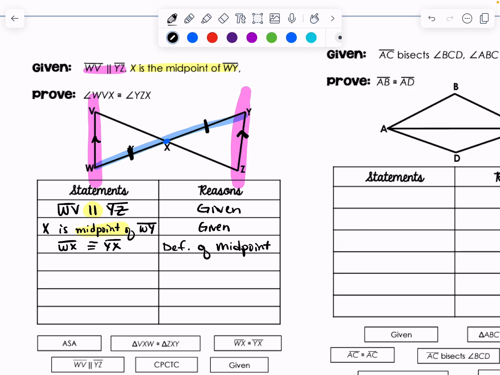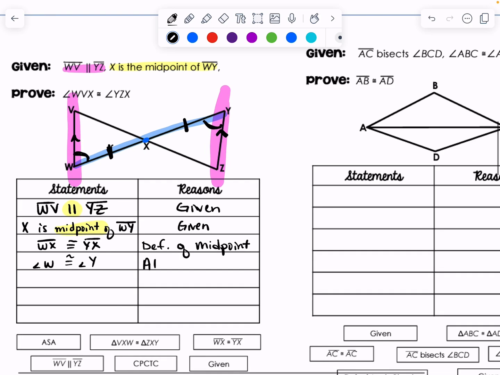That transversal is giving me some alternate interior angles here and here. So I'm going to say that angle W is congruent to angle Y. The reason I can use one letter here is because there's no other angle that can really exist there. And that is alternate interior angles.